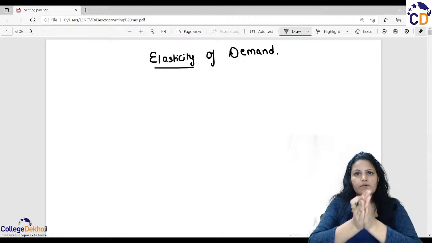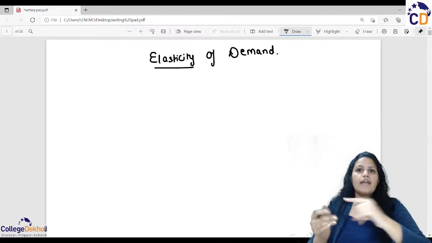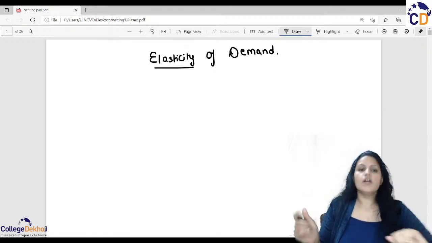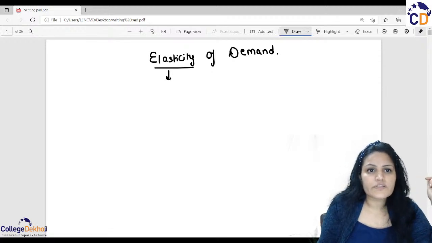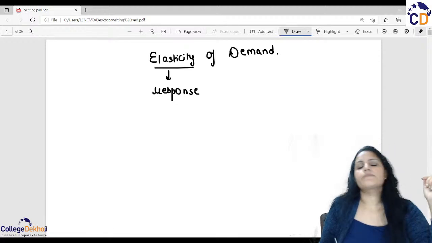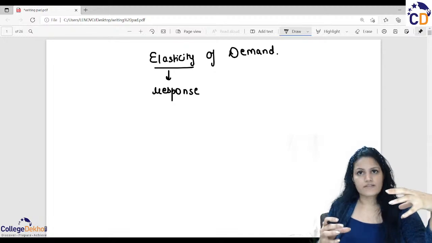It is covered up within the same shape in less time than you took in the stretching. So what is it giving? It's giving you the response. That is elasticity, that means the response.